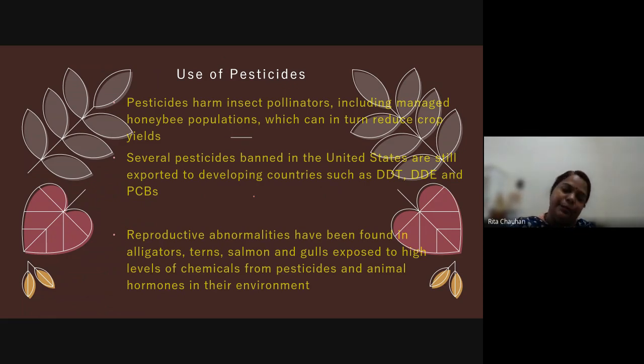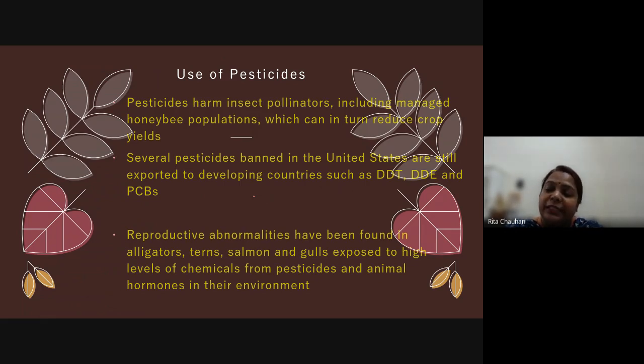And studies have found that these pesticides have a lot of harmful effects, even reproductive abnormalities. Reproductive abnormalities mean the young ones, the children of those particular animals, are going to get affected by these pesticides.